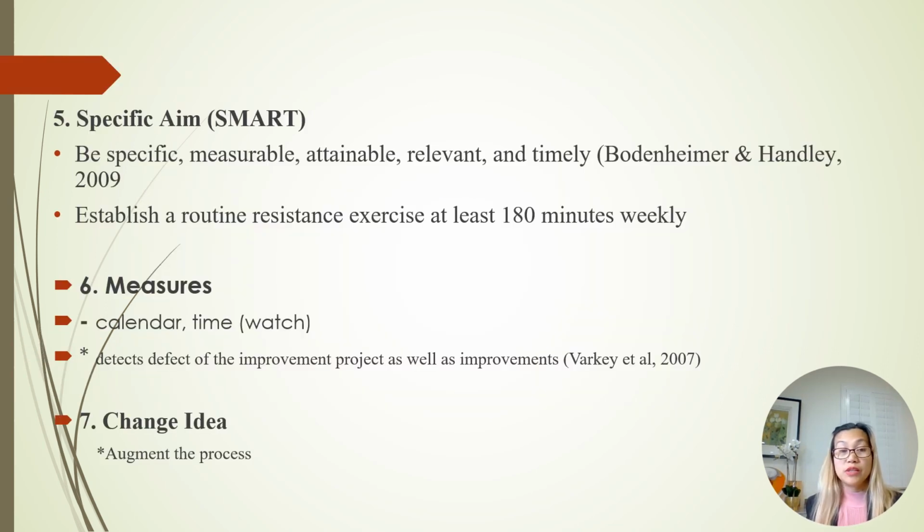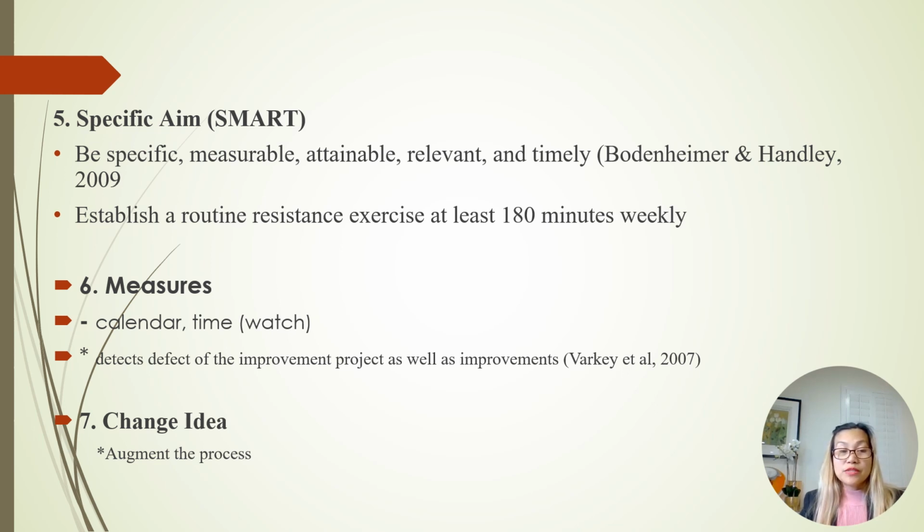The mnemonic is SMART, which means specific, measurable, attainable, relevant, and timely. It has to be specific and measurable, like there is a time, and we need to be able to measure it. We also have to be realistic, so it's achievable. For me, I believe I can do it by removing some unnecessary activities.